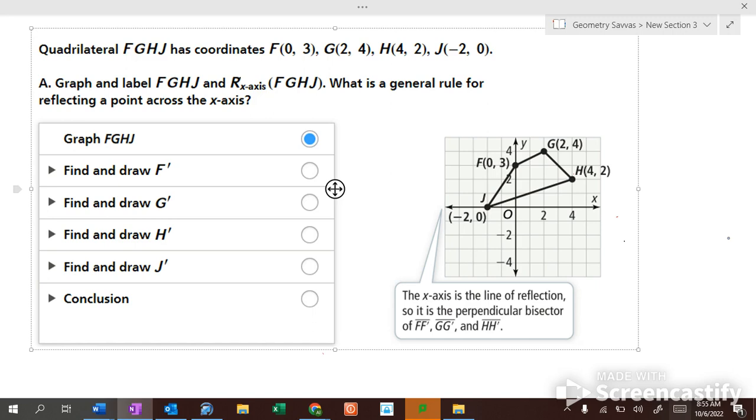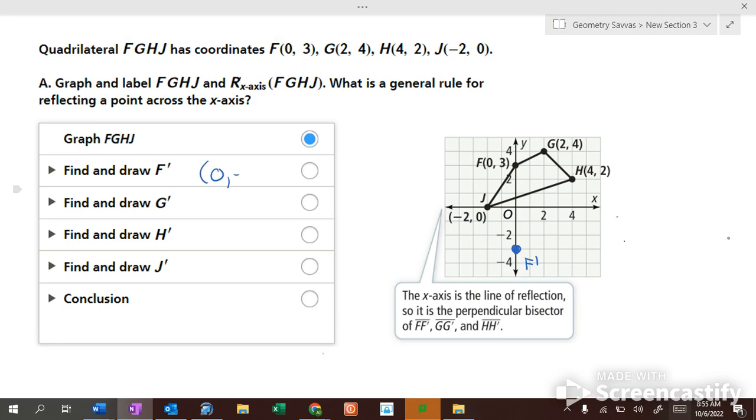It's 3 above the x-axis, so it'll go where? If it starts 3 above, then you go 3 below. There's F prime. So it's at the point 0, negative 3.